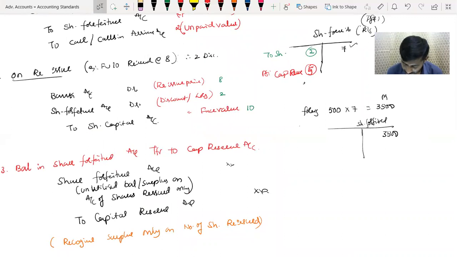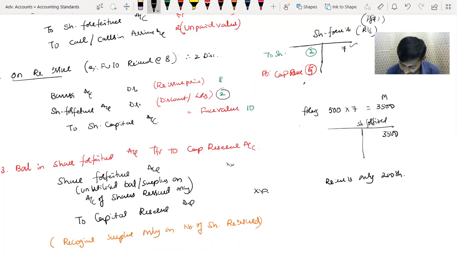Correct? But imagine out of this only 200 shares are reissued. Still 300 are there. So 200 shares are reissued at, in our example, 8 rupees. Correct? What is the loss per share? 2 rupees.